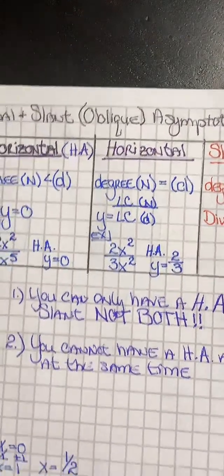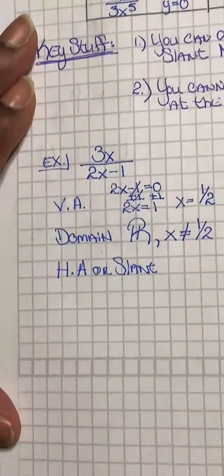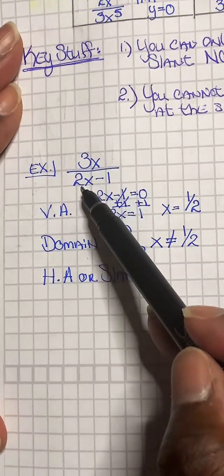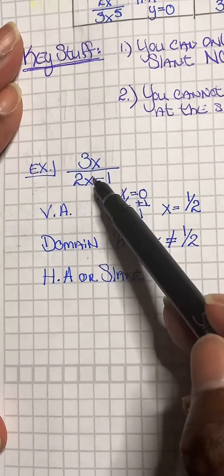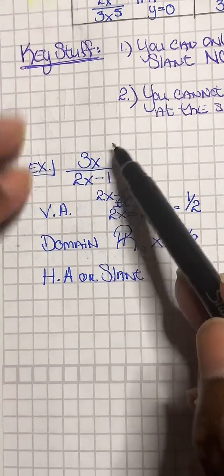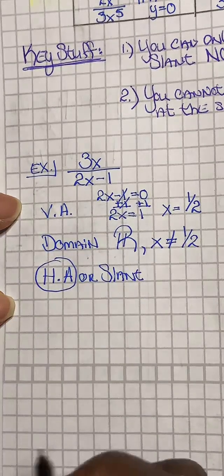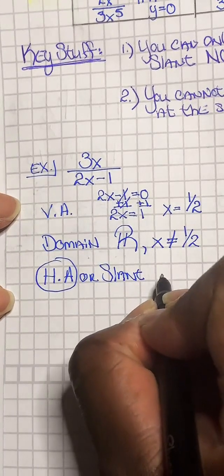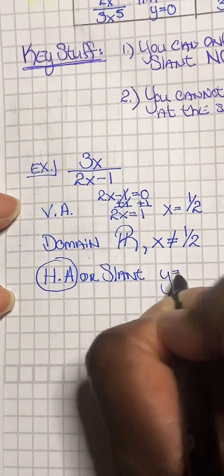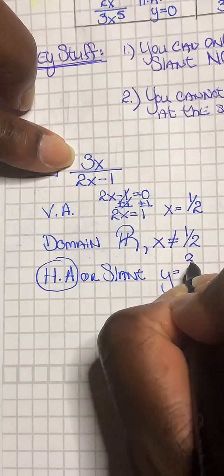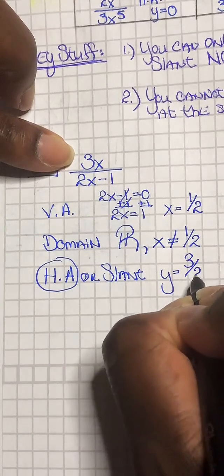So in this case, we have 3 over 2. Since both of my exponents are the same, 1, we have a horizontal asymptote. So that is going to give me y equals the coefficients, which is 3 over 2.